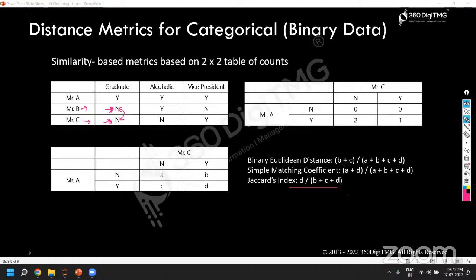Right? So that is how we measure the Jaccard's index. So these are the different formulas that we use for measuring the similarity between data points if your data contains non-numeric values.